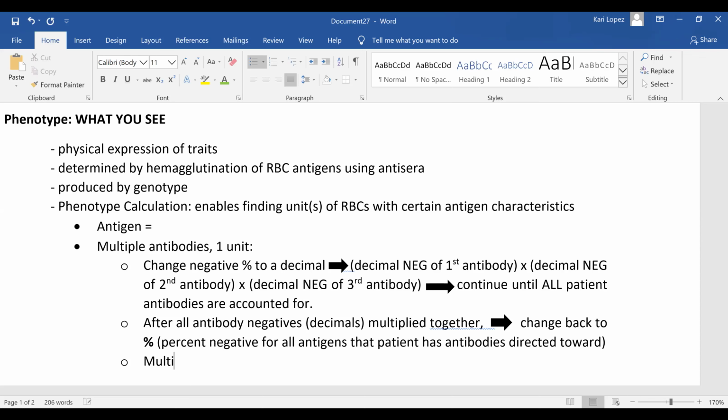You can move by 10. So if it's 10%, you just take that 10% and times it by 10.